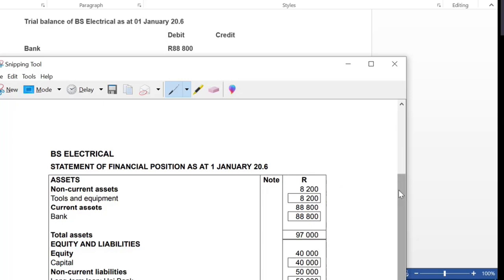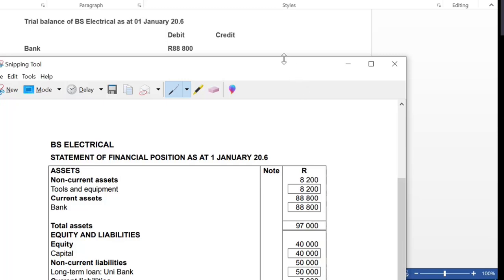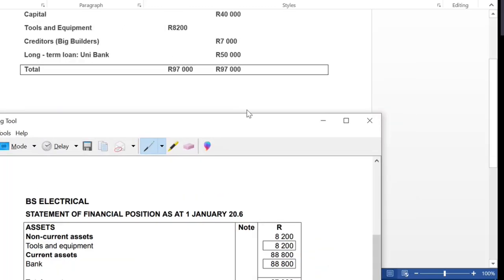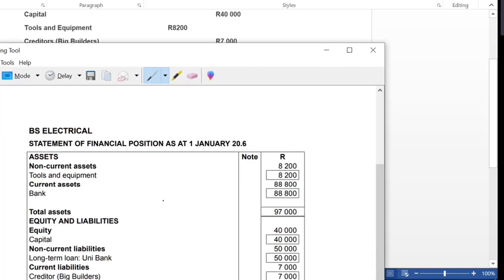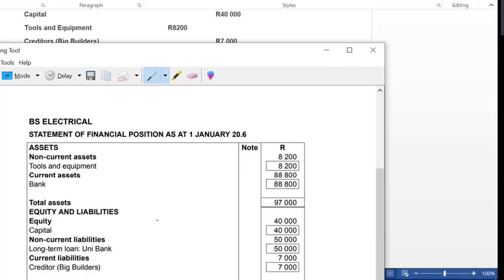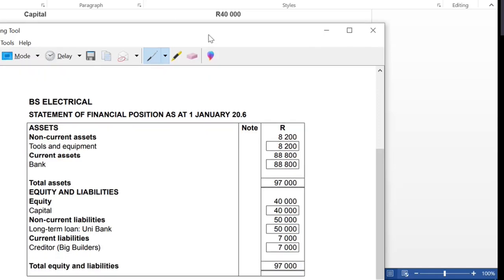When you add your current assets and your non-current assets, how much do you get? 97,000. Now let me show you your equity and liabilities. Your capital account, from the trial balance, is 40,000. Your long-term loan is 50,000 and your creditors 7,000, all adding up.